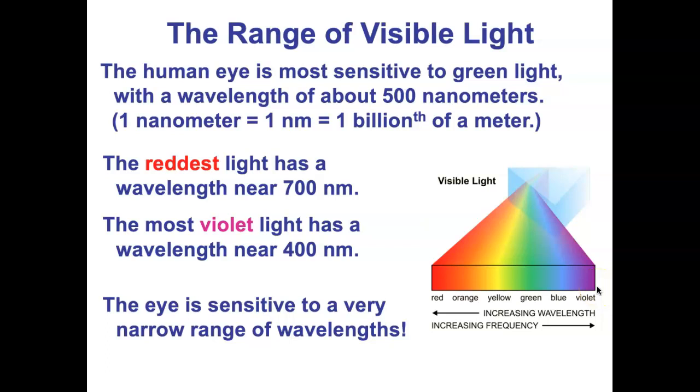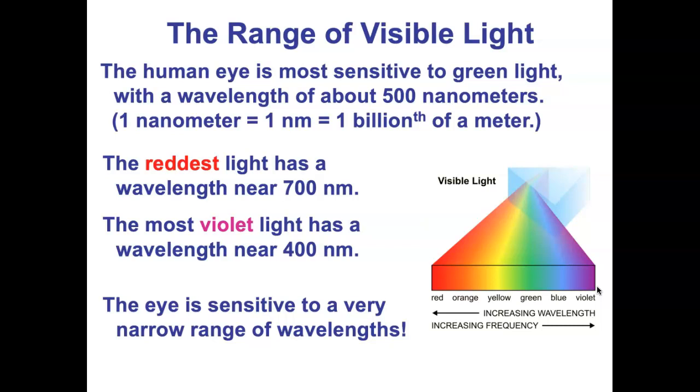What is a nanometer? A nanometer is a billionth of a meter. Because remember, what is wavelength? Wavelength is a length. It is the distance from one wave to the next. So in SI units, in basic physics units, you would measure any length in meters.